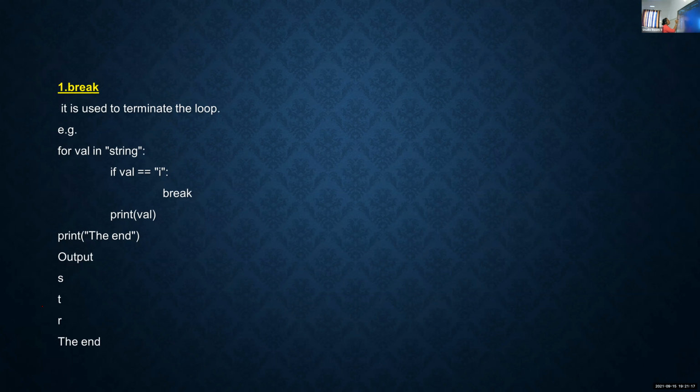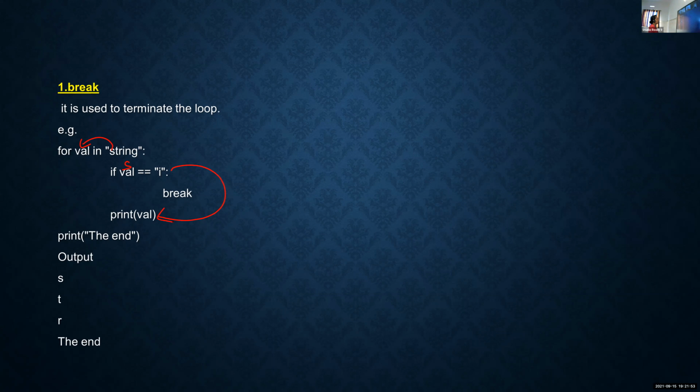So the content of val the first time is s. After the first iteration the content of val is s. So if val, the content s, equal to I, is it true? S equal to I? That is not true, it is false. So if it is false, what happens? It will execute this print val statement.